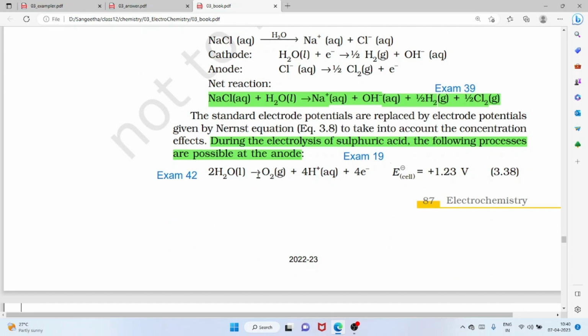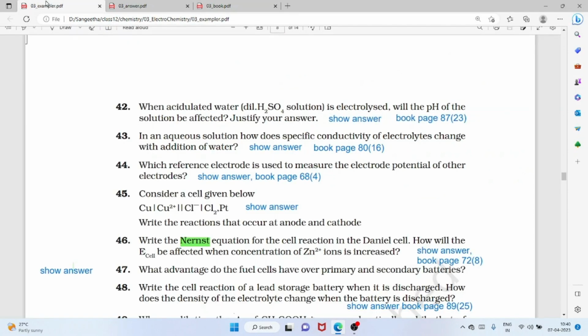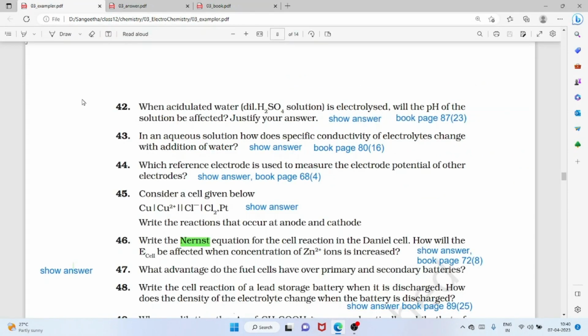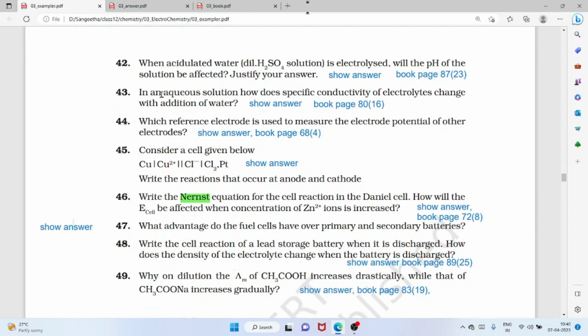So you have 4 hydrogen ions here, 4 hydrogen ions here. In aqueous solution, how does the specific conductivity of an electrolyte change with the addition of water?